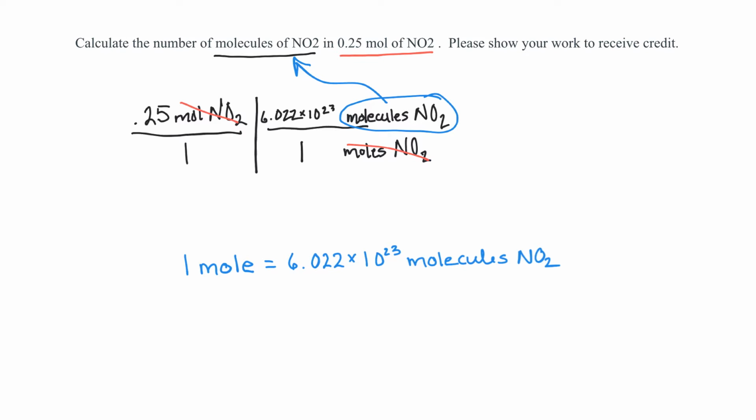And when you multiply these numbers in scientific notation, remember that you're first going to multiply the coefficients of those numbers, right? And then you're going to add the exponents on the 10 to the 23rd, keeping it in correct scientific notation.